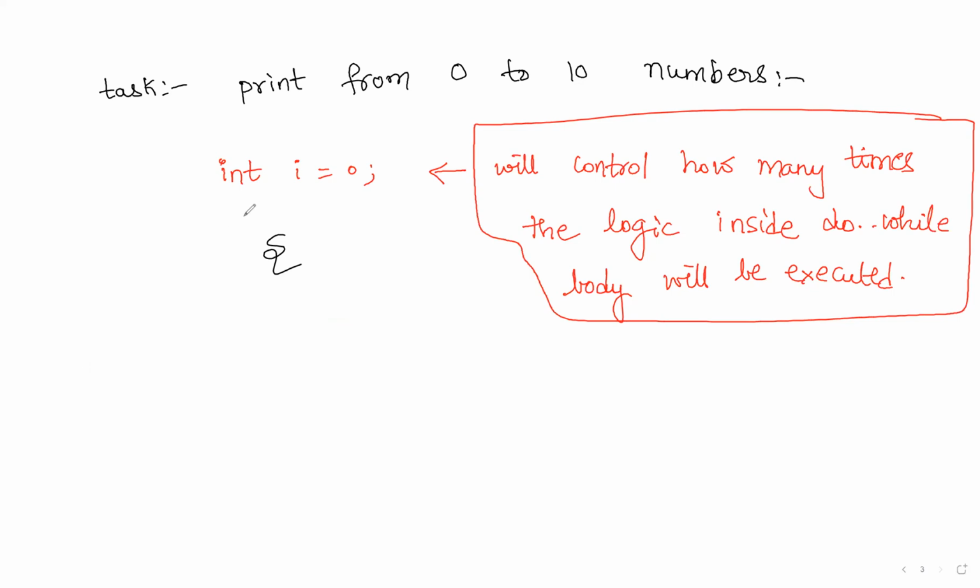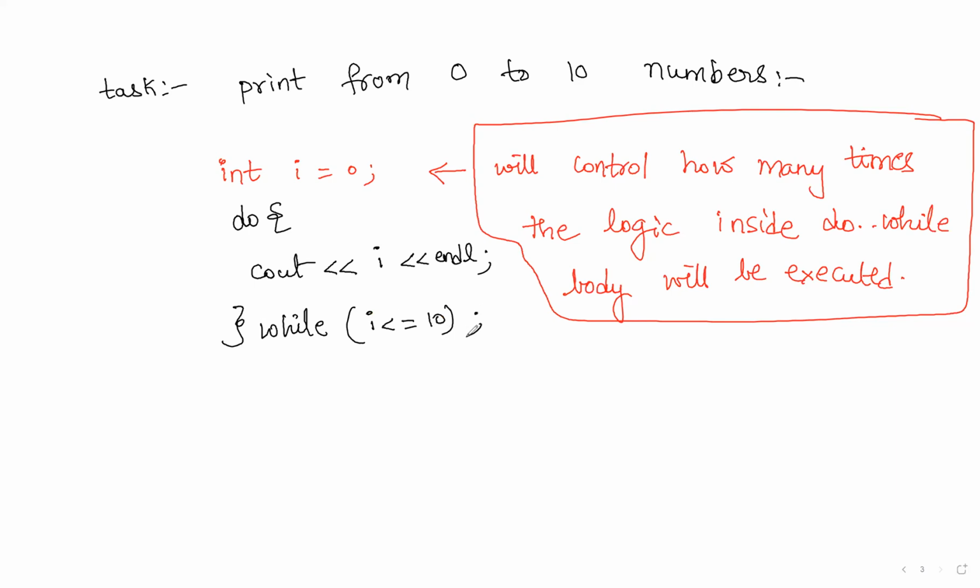So whatever code goes inside the loop body: I, and then endl. So new line, and then close the loop, while I is less than or equal to 10. So I have the loop condition.